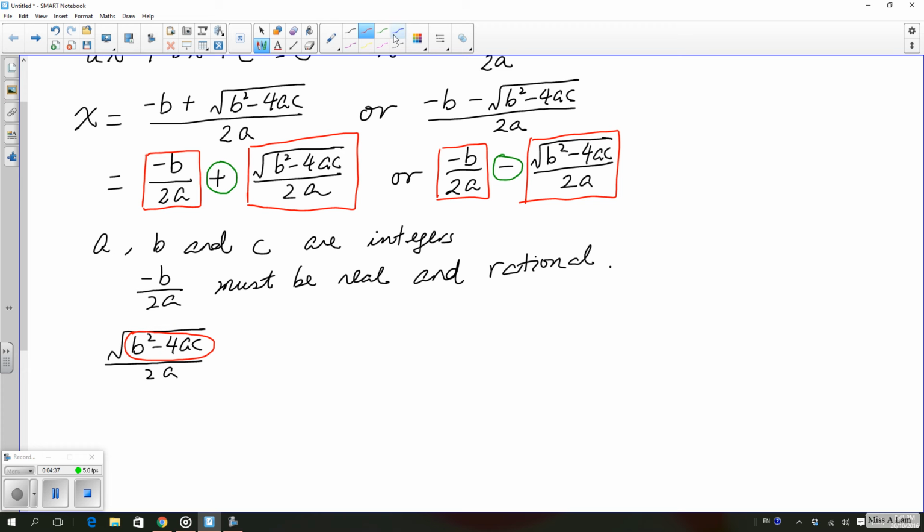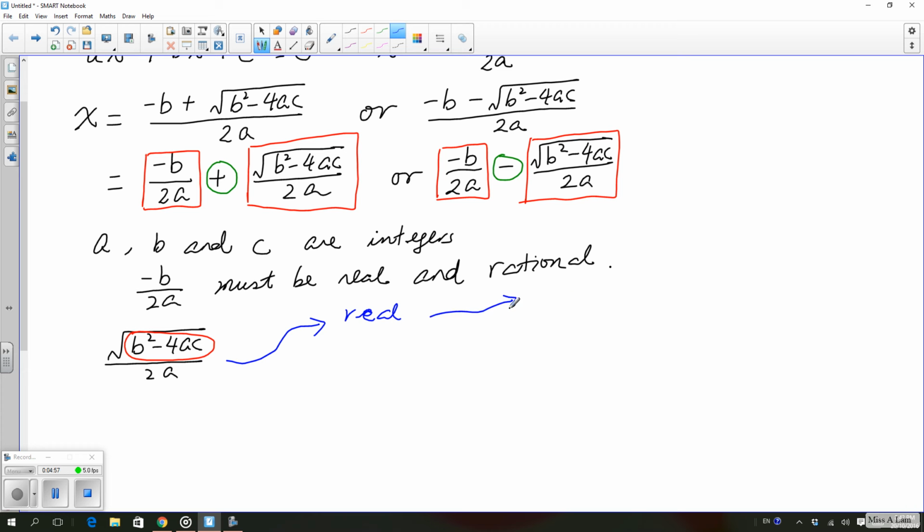It means if we look at this one, we may know that the roots, say, are real. Two real roots.